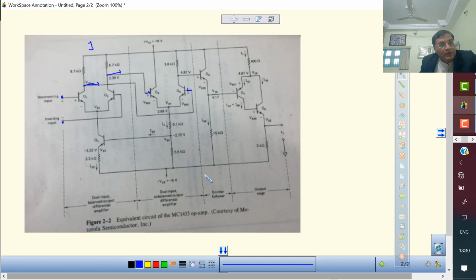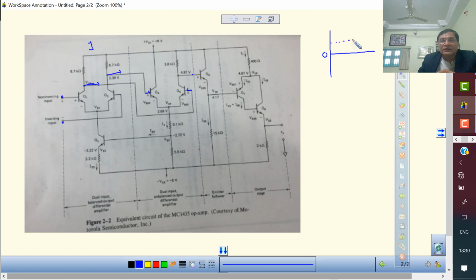Then whatever output you are getting at this point is not at ground level. Suppose you are amplifying the signal, and this is your 0.